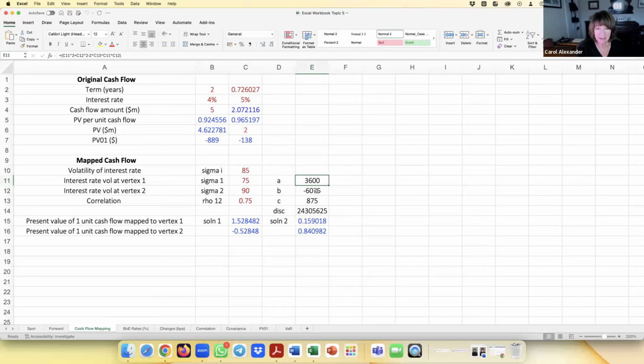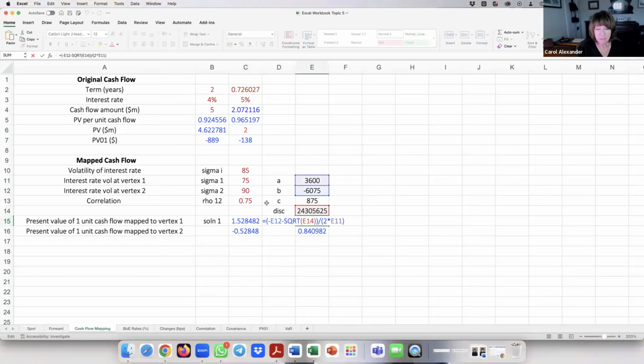That's A, coefficient of p, constant, discriminant, that's b squared minus 4ac, and then the solution is minus b plus the square root of b squared minus 4ac all over 2a, and the other solution is minus b minus the square root of b squared minus 4ac all over 2a. That's the quadratic formula there.